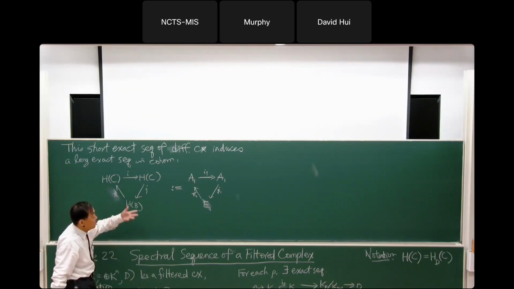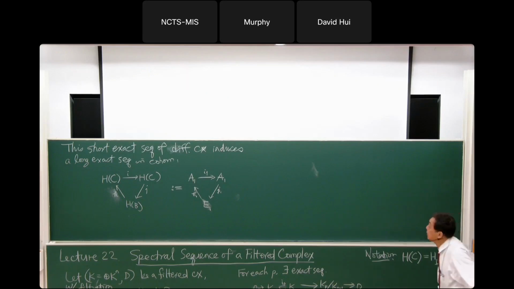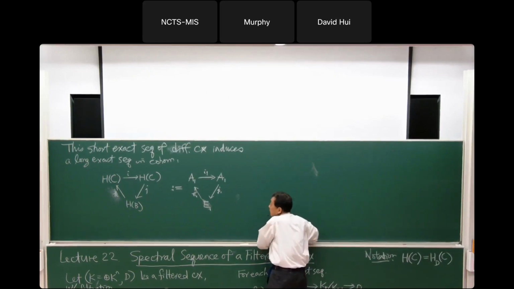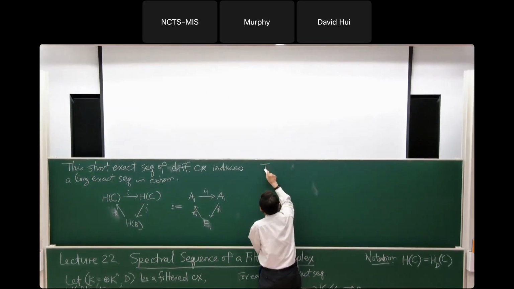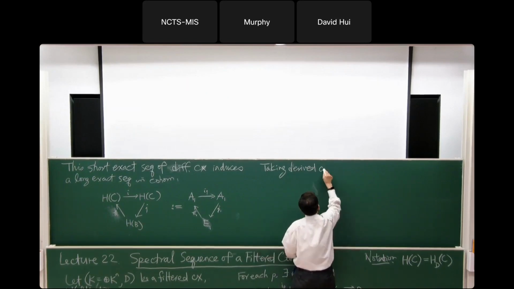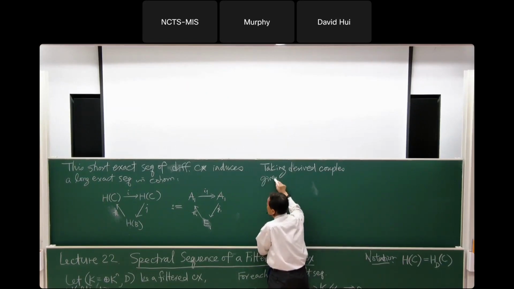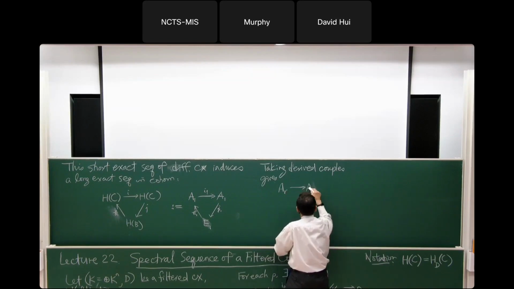And then by taking derived couples, you get an infinite sequence of exact couples.